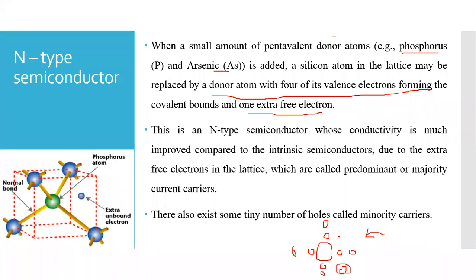If it comes and fills this hole, that means it can accept one electron because of the deficiency of electron over here, and that's why it is known as an acceptor atom, right? In this way we have n and p type semiconductors.